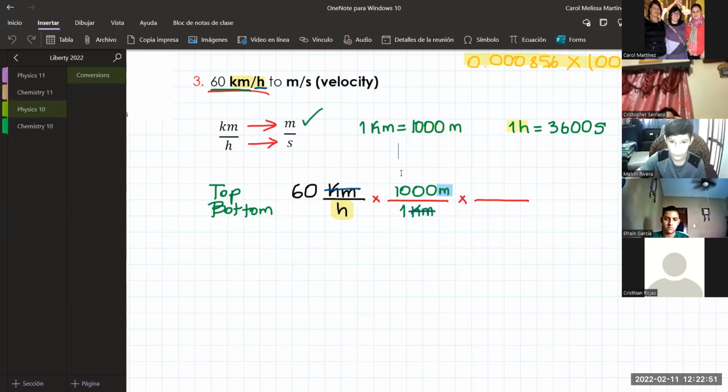Up, because here the hours given in the problem are located in the bottom. Okay, so I need the hours to be up so those units can be cancelled. So I say 1 hour in the top has 3,600 seconds.